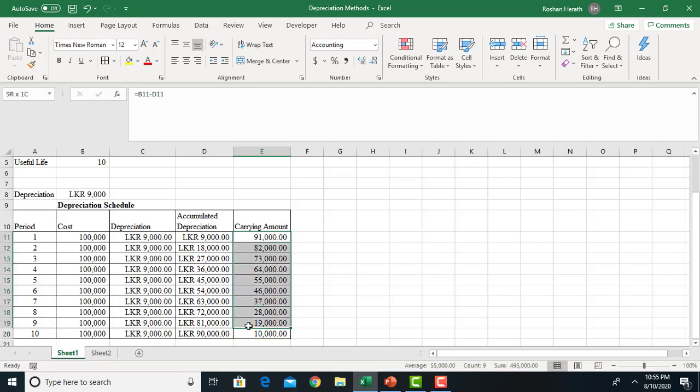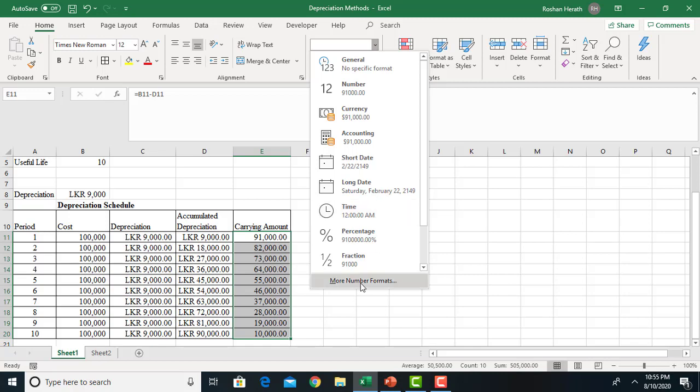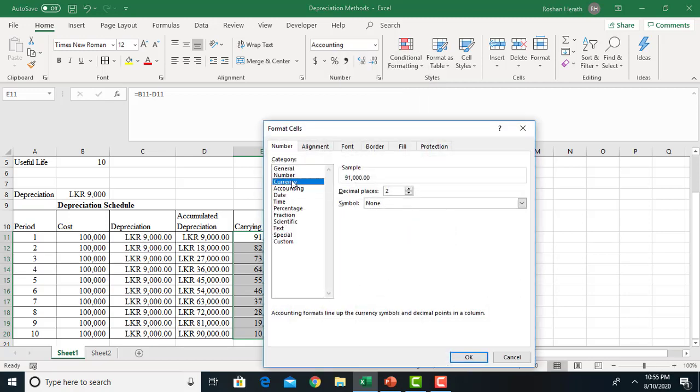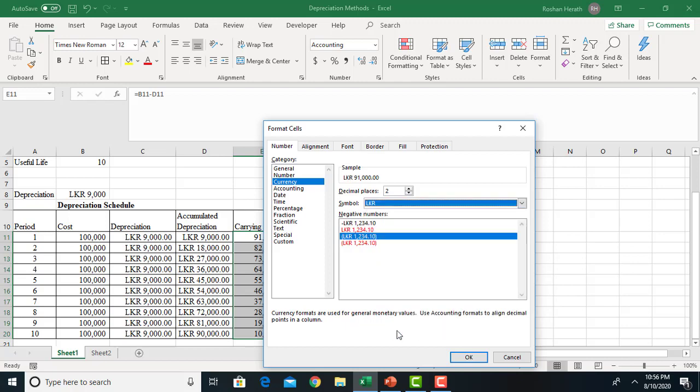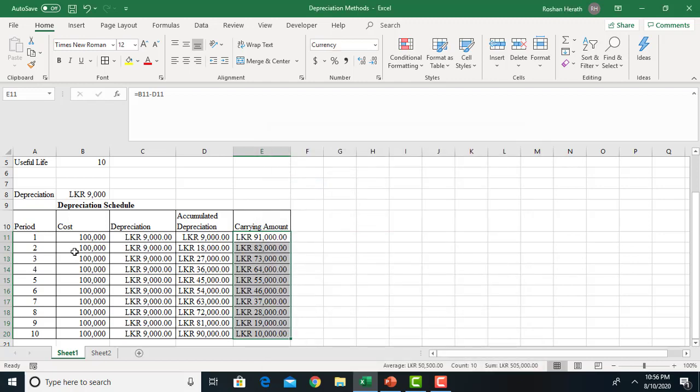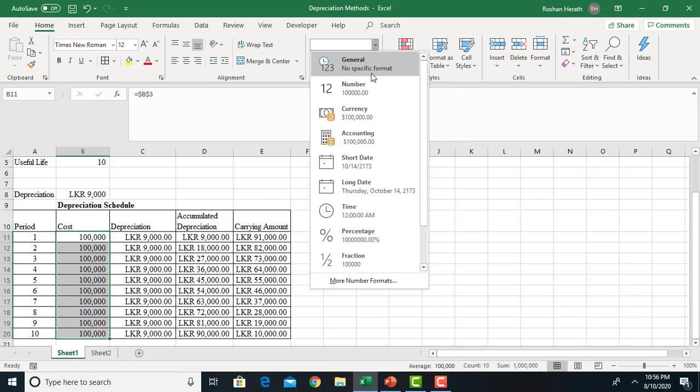So here you can format the carrying amount as well. So currency format. Even the cost. So we may format that.